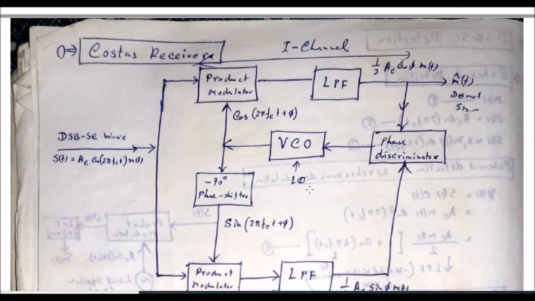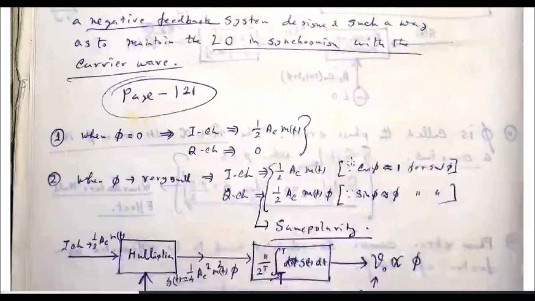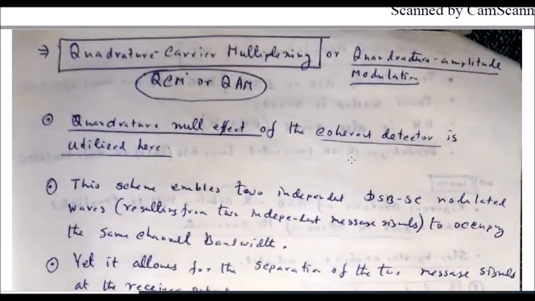Okay, so this particular system is using feedback. It is a feedback system. So the Costas receiver uses a feedback system by which you can nullify the effect of time varying phase. So these are all about the DSB-SC modulation technique.